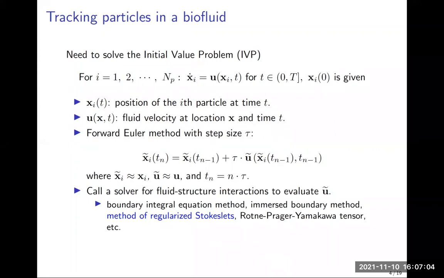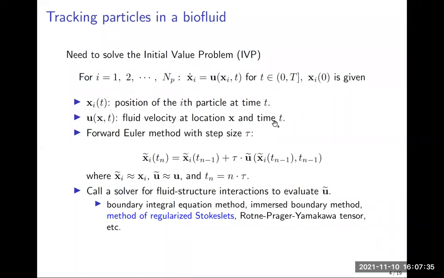So MP is the number of particles that you're interested in tracking. This XI is the position of the ith particle, whether it is on the structures or in the fluid. The dot here is the time derivative. So this is just the time derivative of position equals velocity. U here is the fluid velocity at location X and time T.